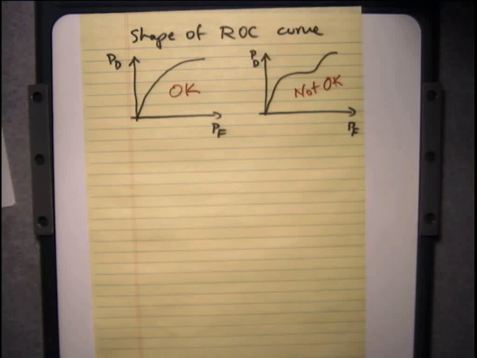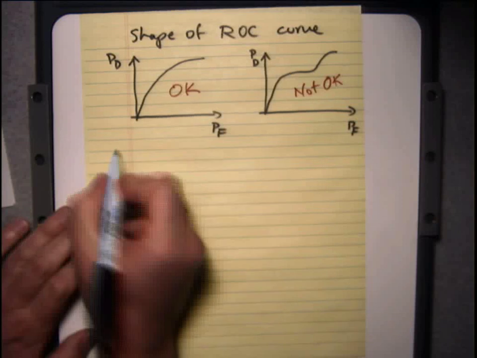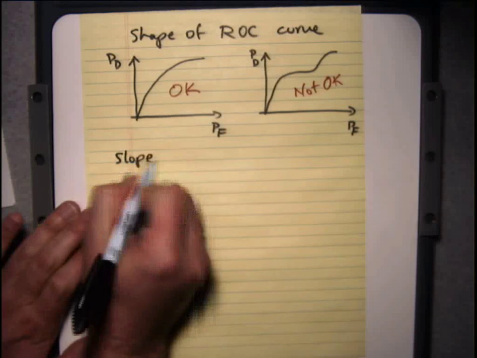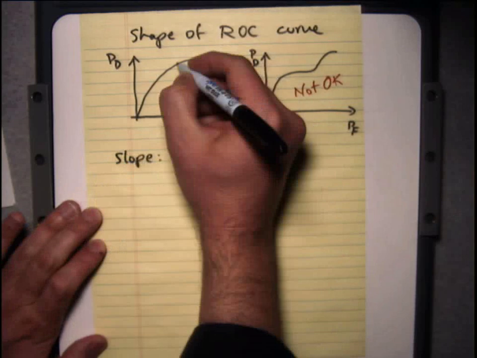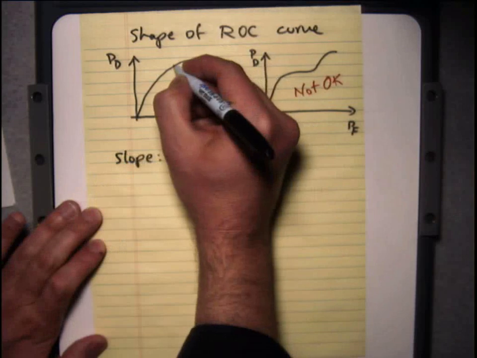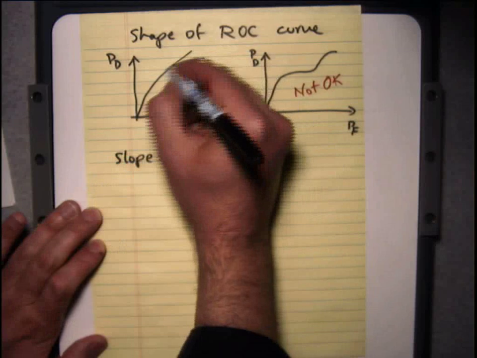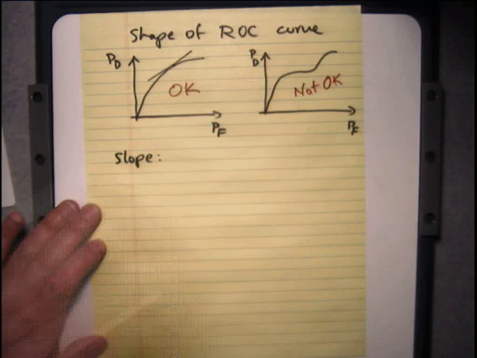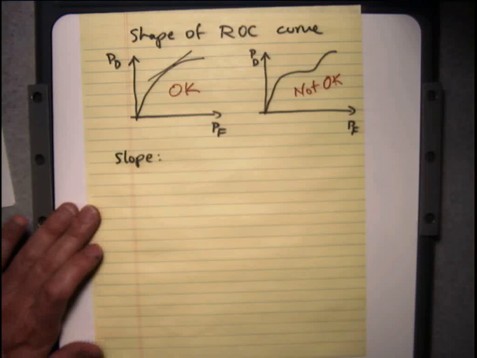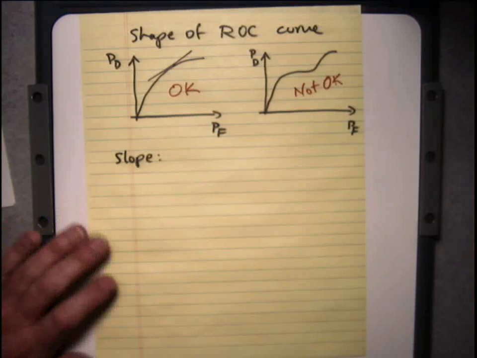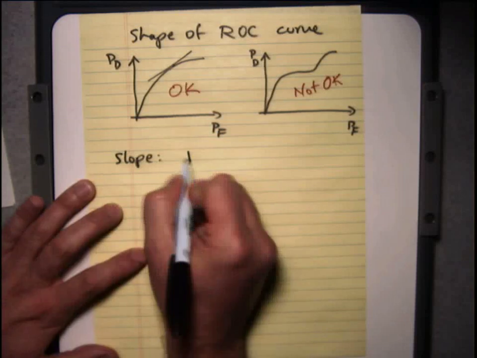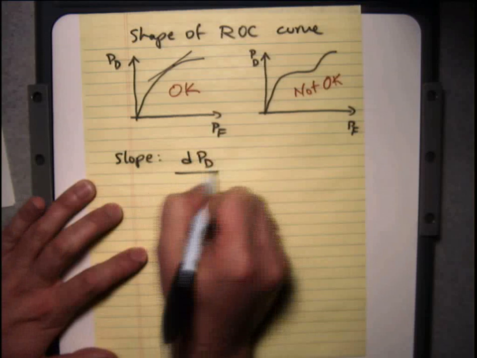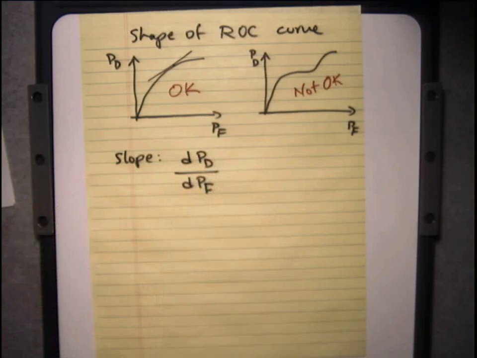First of all, let's take a look at the slope of the ROC curve. So this is just a curve, right? At any point I can pick a point, and then I can look at the tangent and the slope. So the slope is going to be dPD/dPF.